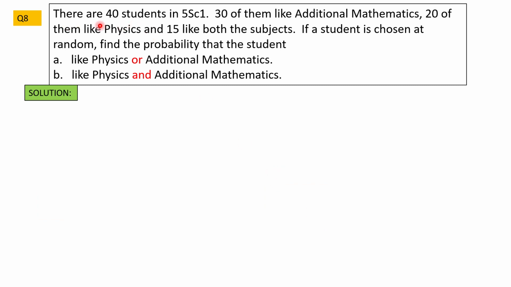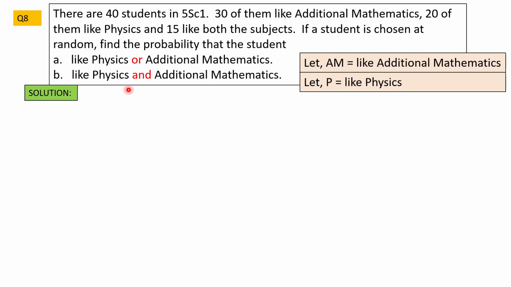There are 40 students in 5 Science 1. 30 of them like additional mathematics, 20 of them like physics, and 15 like both subjects. If a student is chosen at random, find the probability that the student likes physics or additional mathematics. Okay, let's define the events.